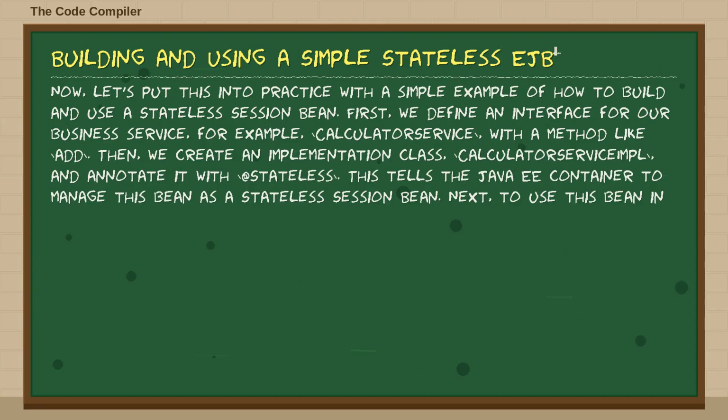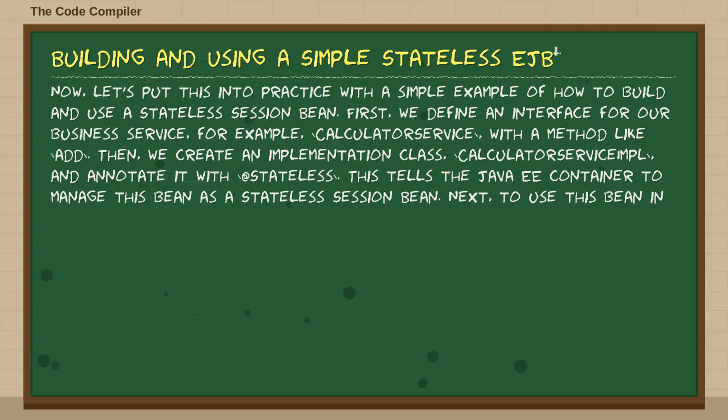Next, to use this bean in a client application, such as a servlet or a JavaServer Faces managed bean, we simply use dependency injection. We declare an instance variable of our CalculatorService interface type and annotate it with @EJB.